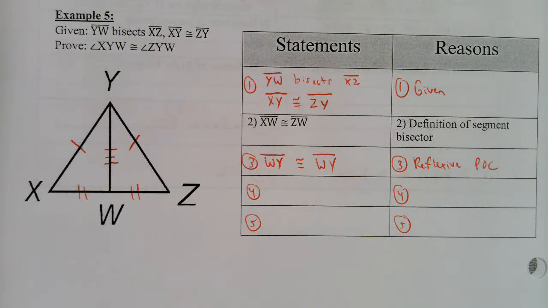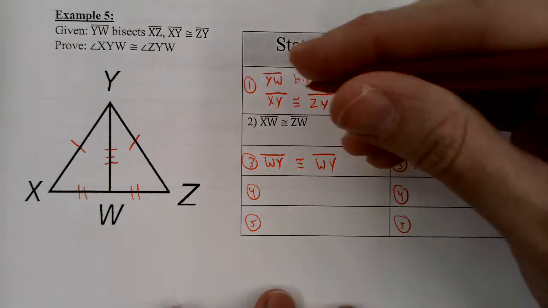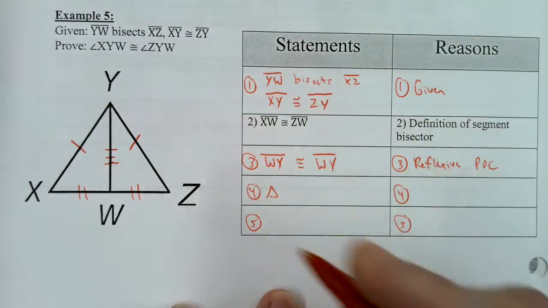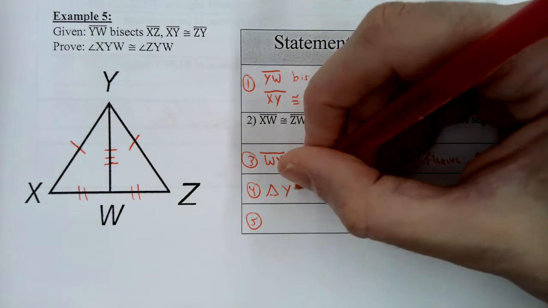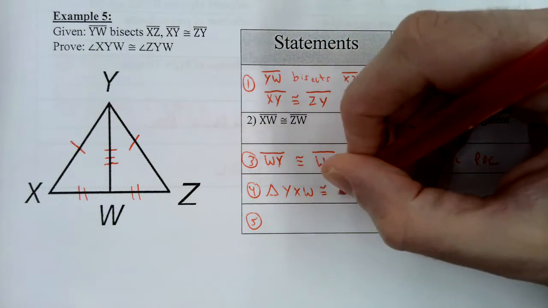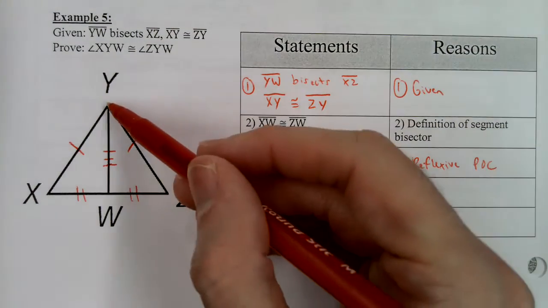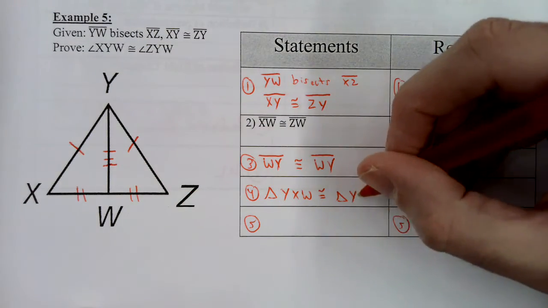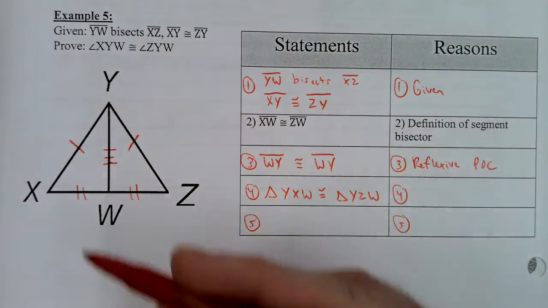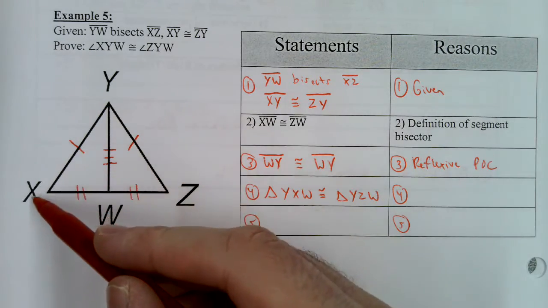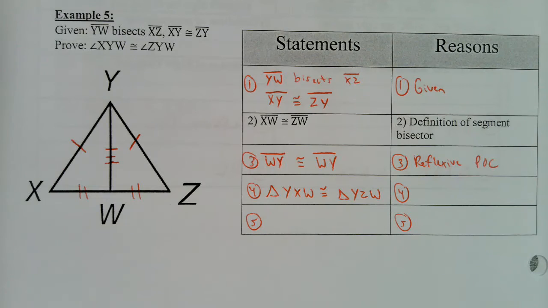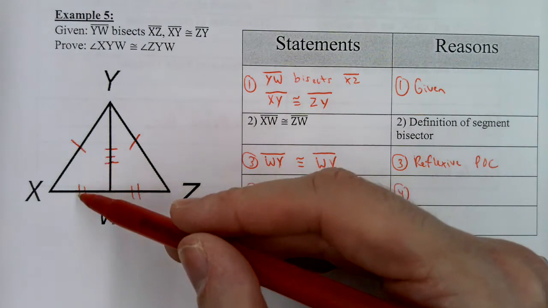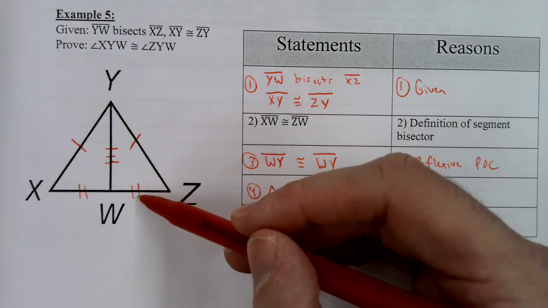And now I can say that the two triangles are congruent, but be very careful when you write the order. So I'll say triangle YXW is congruent to triangle YZW. We've talked about that a lot already in this class. Making sure you go in the same order when you name a triangle. And that reason is side, side, side.